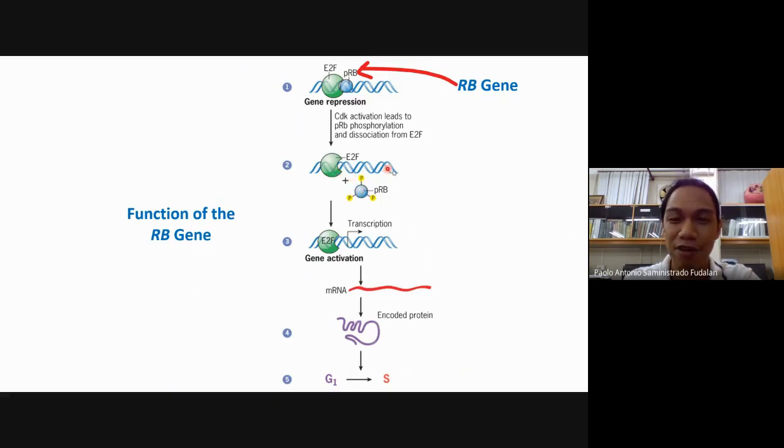And the transcription of this DNA continues on and on without stopping because wala man imong protein RB, non-functional man. So you always produce this protein that will stimulate the cells to undergo S phase, no matter what. So, the implication is, this cell will continue dividing because it's constantly being told to proceed to S phase. So, mao na si RB gene, retinoblastoma gene.